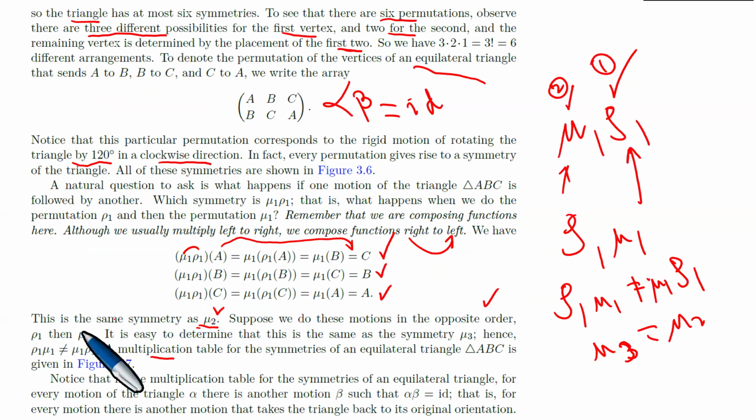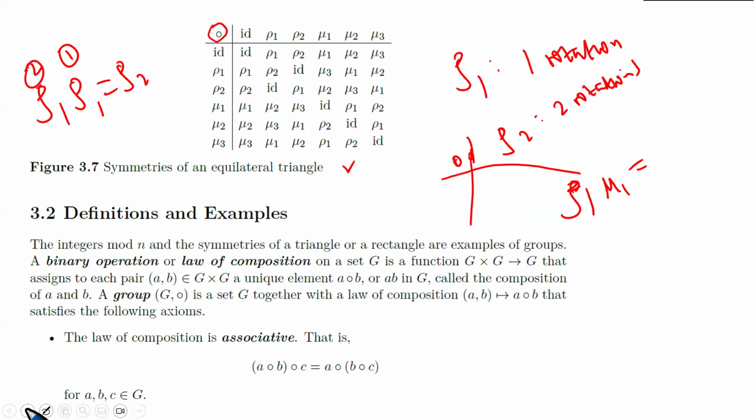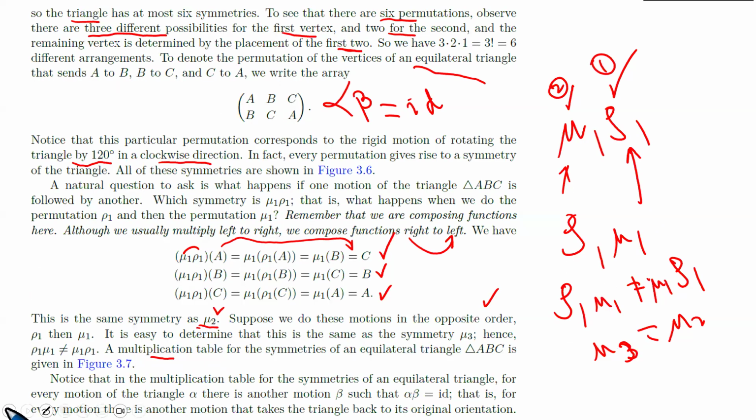When we discussed rho 1, mu 1 in this order, we saw that it is mu 3. Mu 1, rho 1 is mu 2. So rho 1, mu 1 is mu 3. We saw that.